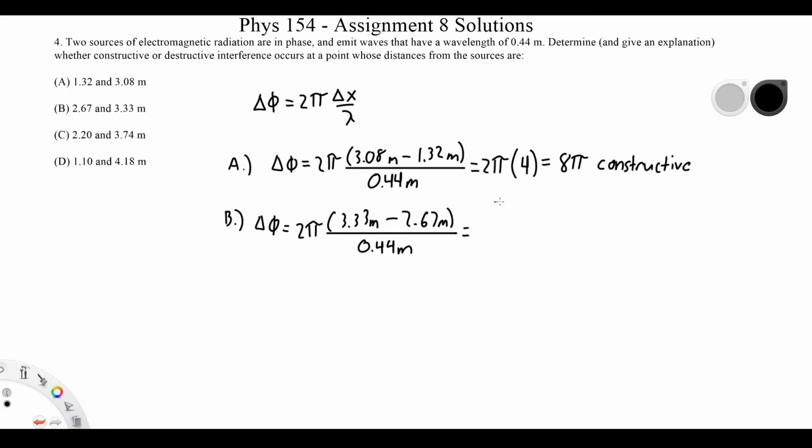In this case, we arrive at a value of 2 pi times 1.5, which comes out to 3 pi, of course. And because this is an odd integer of pi, that means we're getting destructive interference.